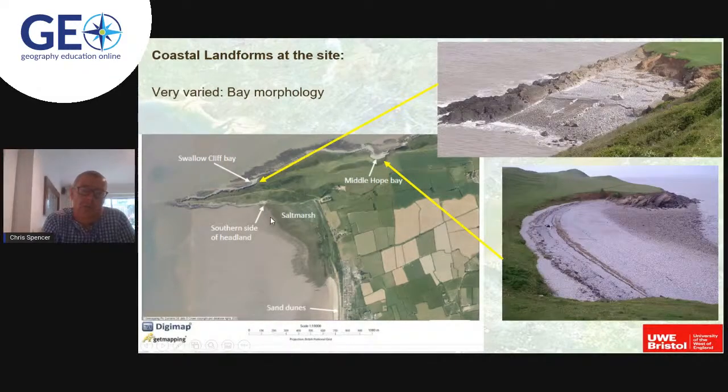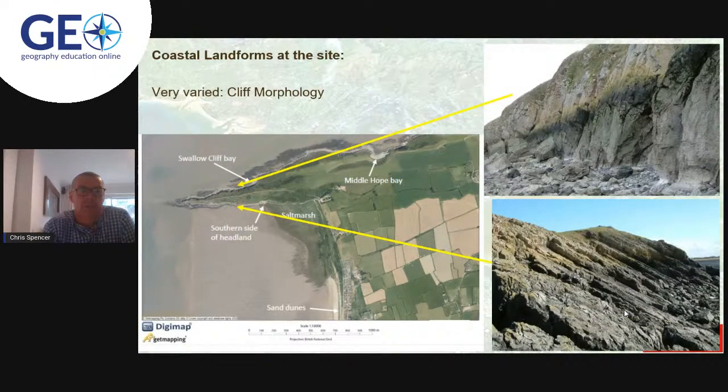And yet elsewhere, just further along the same headland, maybe 700-800 meters further along, we have this much wider, much more open bay, which has been cut into the same headland. So really quite different characteristics, not too far apart. We need to explore and be able to explain why that would be the case. We'll come back to that in a second.